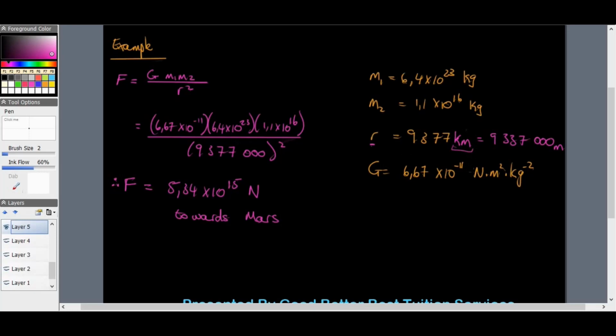They just forget to convert. And the second is they forget to square their distance. Most often they get the top line correct, they get the numerator right, and then they think they're home safe.